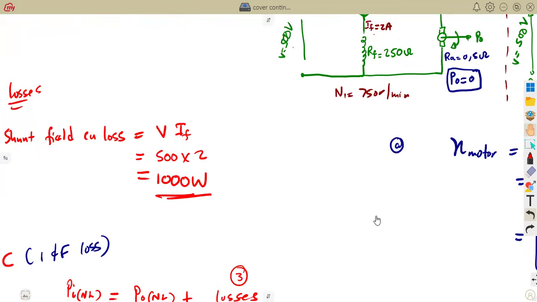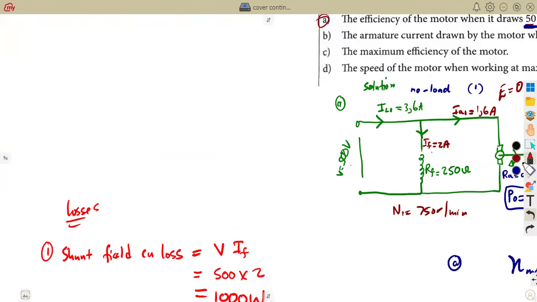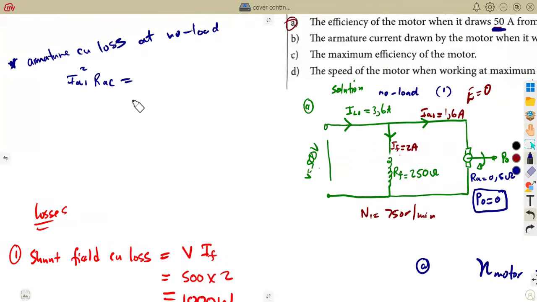All right. So let's calculate our armature copper loss, guys, at no load. I'm just going to put it here for the sake of calculation. So the armature copper loss at no load is given by this formula, which is armature current at no load squared times the resistance of the armature circuit. The armature current, we calculated this. Remember, we have it 1,6. So that's 1,6 squared.